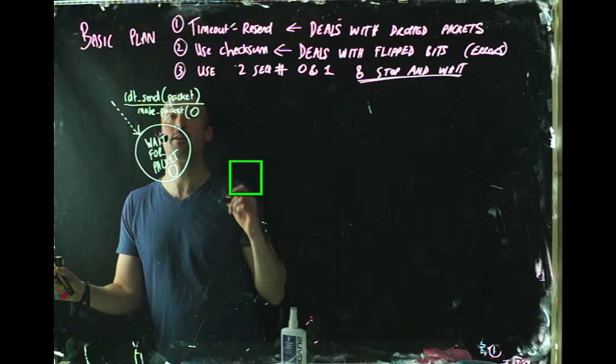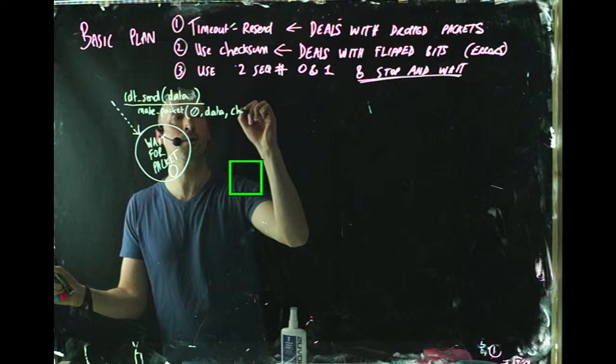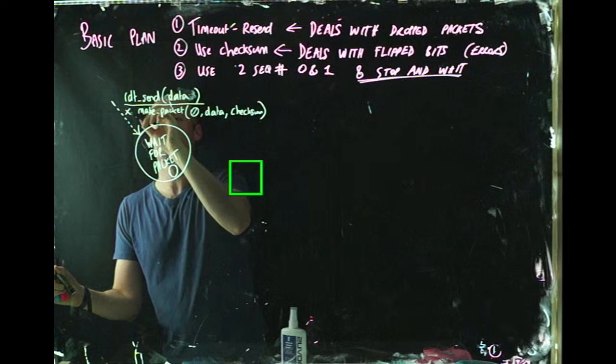We'll change this to data to make it easier to look at. So data, which is what we want to reliably send. We'll put the data inside the packet, and we'll calculate some checksum and include that inside. We'll just call that packet x. X equals make packet.